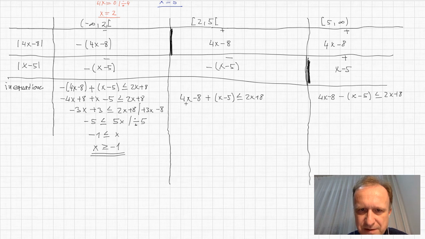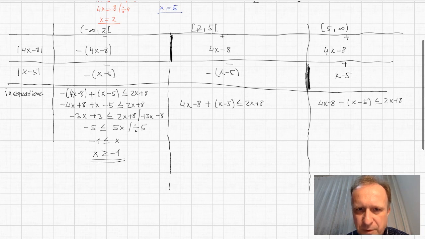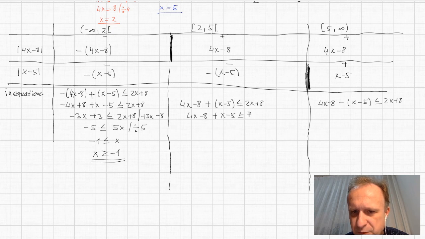So on the second interval, on the interval from 2 to 5, let me remove the brackets. So it's 4x minus 8 plus x minus 5 is less than or equal to 2x plus 8. Now combine the terms. 4x plus x is 5x, minus 8 minus 5 is minus 13, is less than or equal to 2x plus 8. Let me now rearrange the terms, so minus 2x from both sides and plus 13 on both sides.